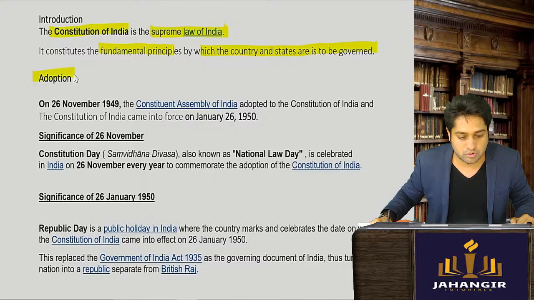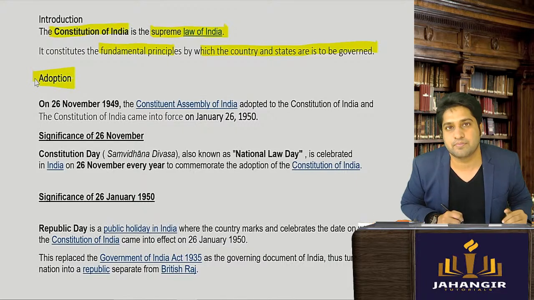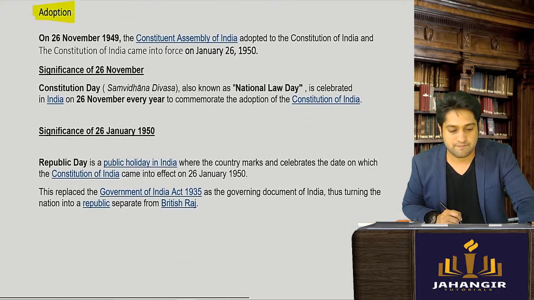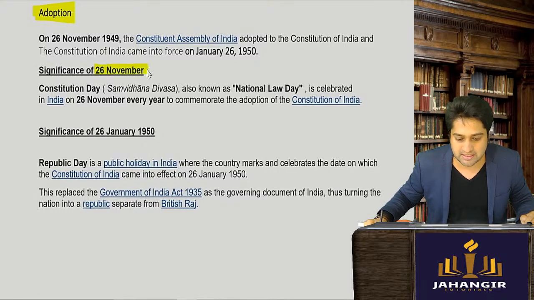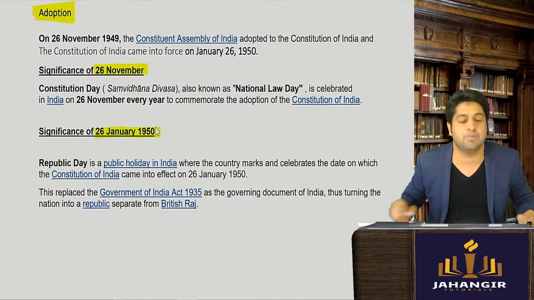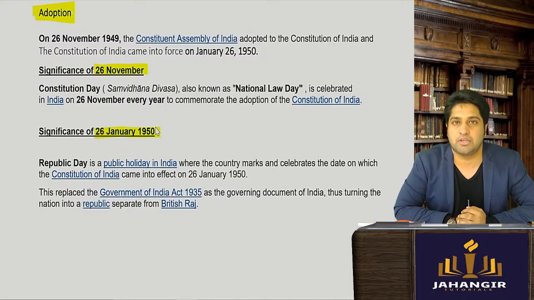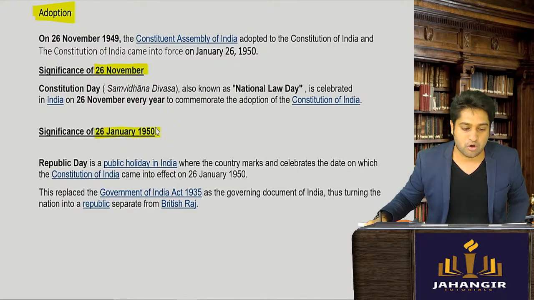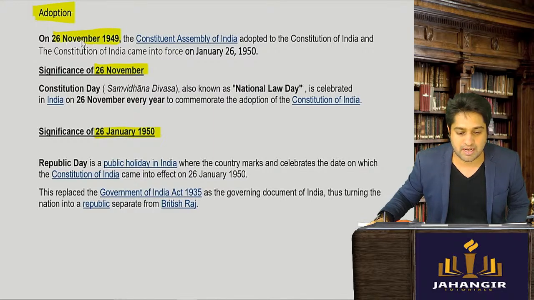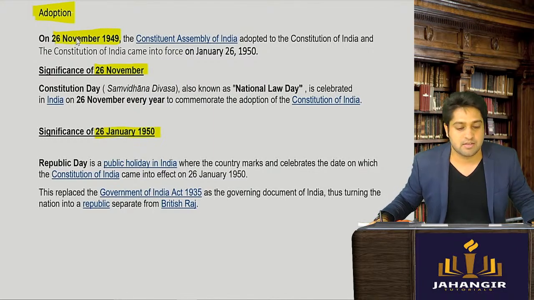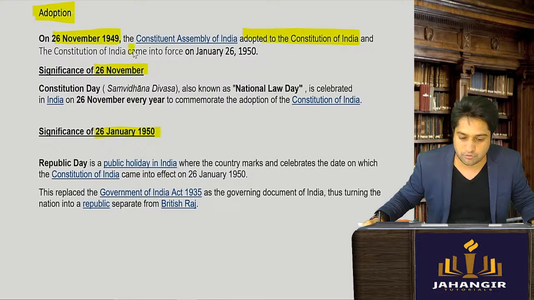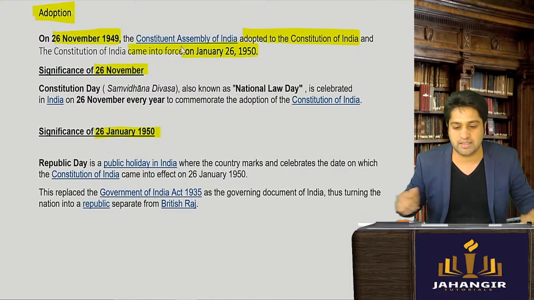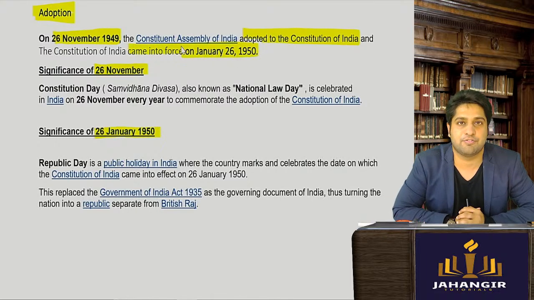Now, when was the Constitution adopted? First, very important dates. First is 26th November and second is 26th January. Both dates you need to know. On 26th November 1949, the Constituent Assembly of India adopted the Constitution, and it came into force and came into effect on January 26th, 1950.